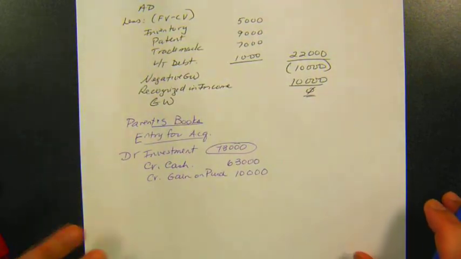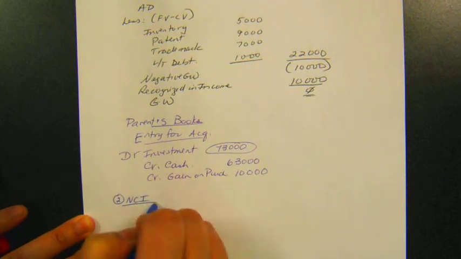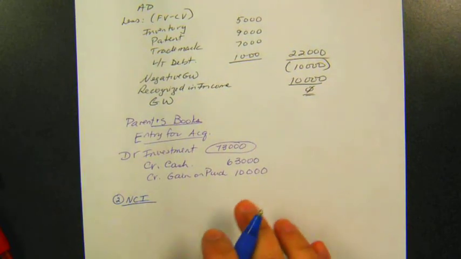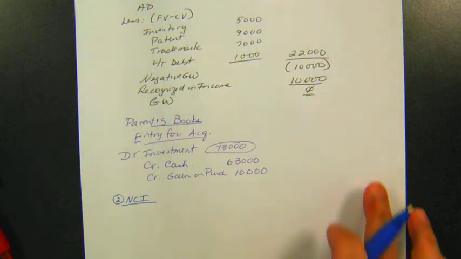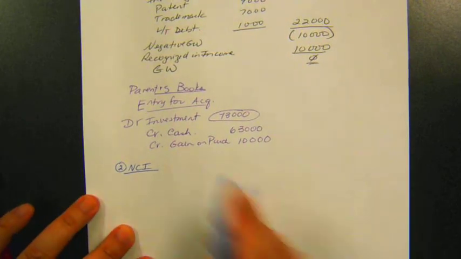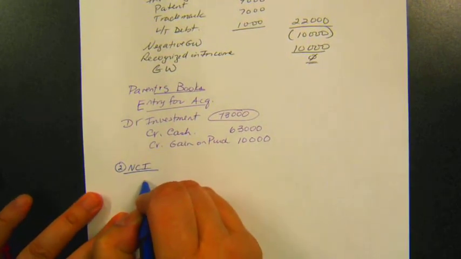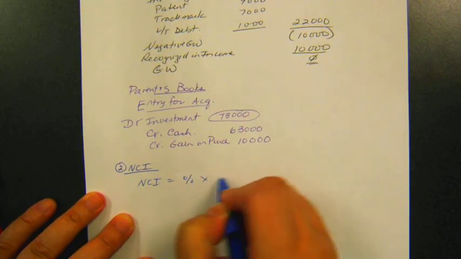Okay, so our second calculation is NCI. We don't have the price of the NCI shares. So we're going to take the percent times the implied value.